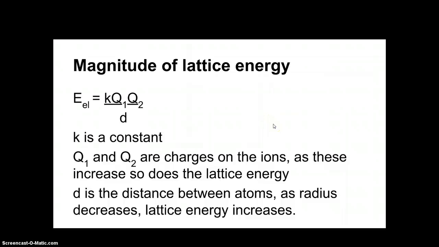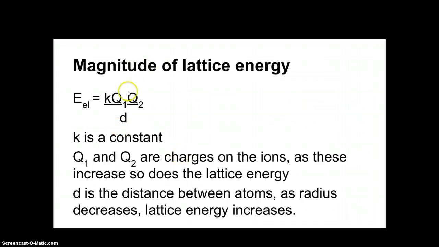So, how do you know what the magnitude of the lattice energy is? We're going to use this formula, but we're not really going to use it. We're going to know it. This is your lattice energy right here, equal to K times Q1 multiplied by Q2 divided by D, which is our distance.